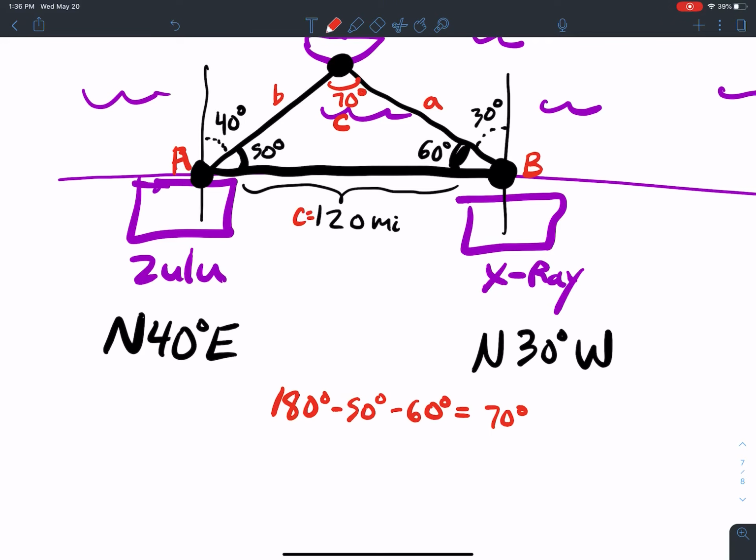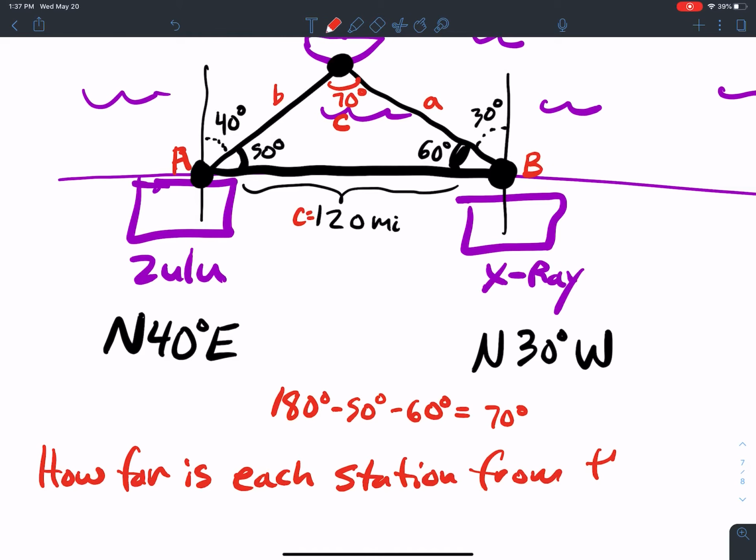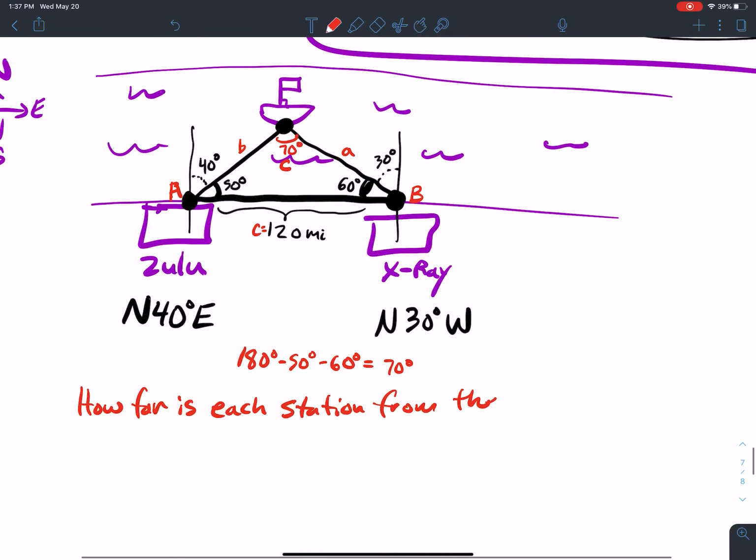So how far is each station from the ship? We need to find A and B. That's what we're looking for, how far the ship is from Zulu versus the X-ray.